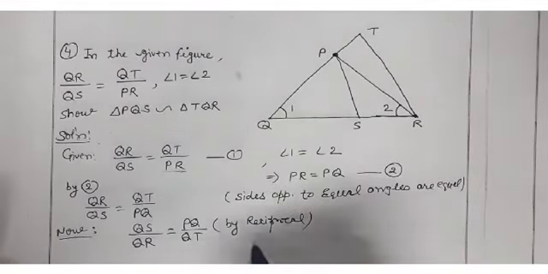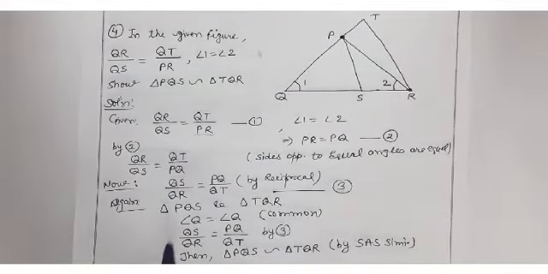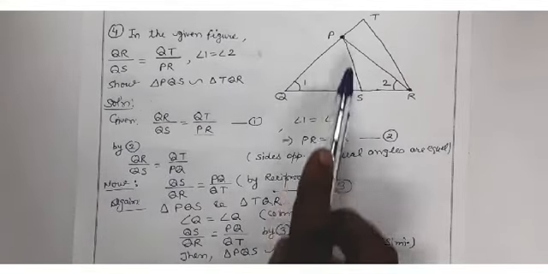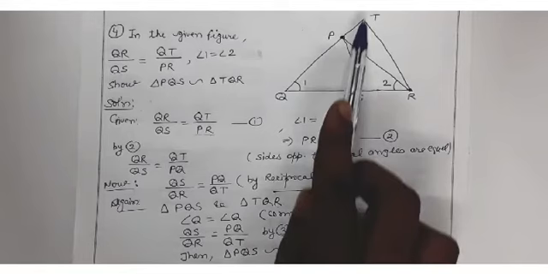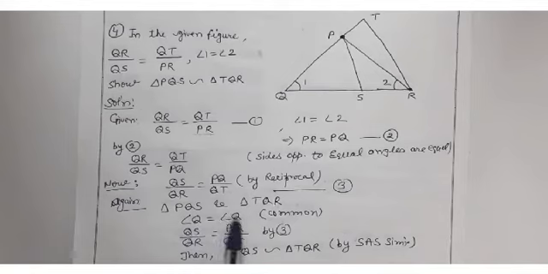By taking the reciprocal, equation number 3. Now again, triangle PQS and triangle TQR, I am taking only those triangles which you have to show similar. In these triangles, angle Q is common, so angle Q is equal to angle Q. And one more thing we have seen in third: QS upon QR is equal to PQ upon QT.